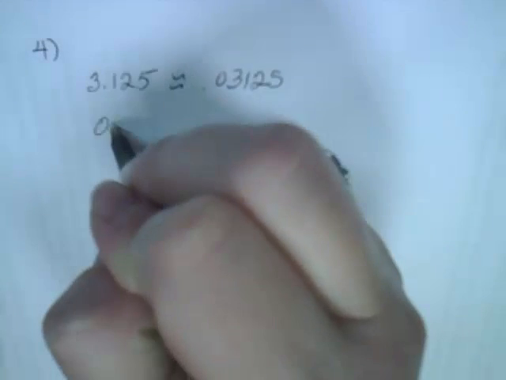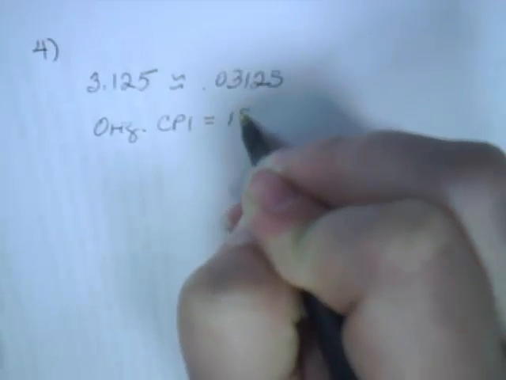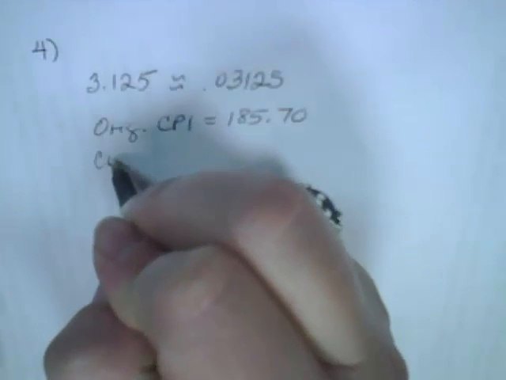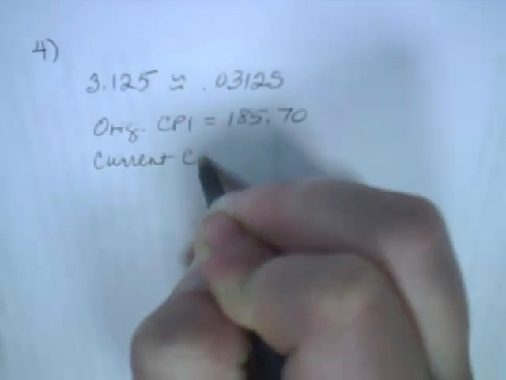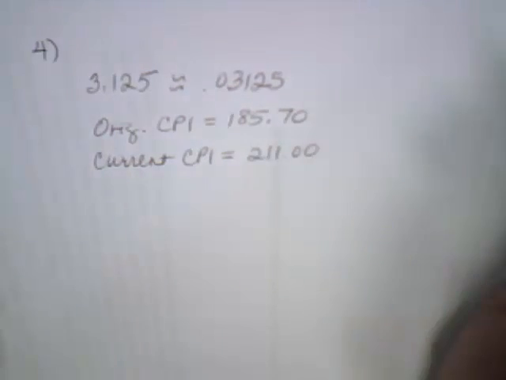And the original CPI is 185.7, and the current CPI is 211.00.